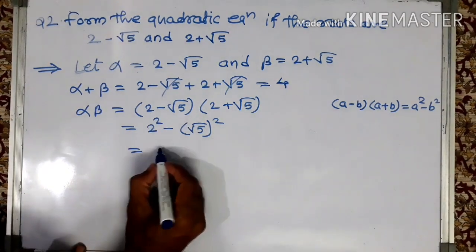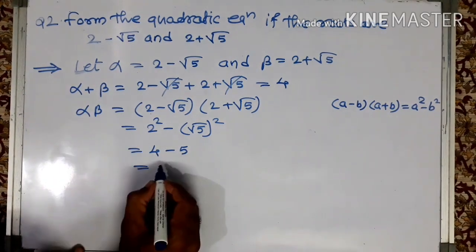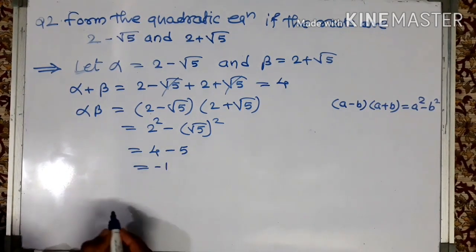So 2 square is 4 minus root 5 square is 5. That means alpha into beta equals minus 1.